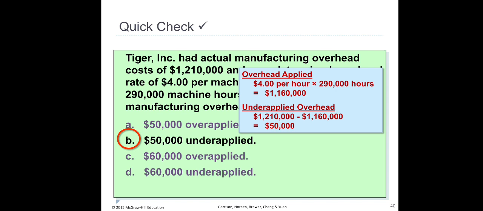Which one is higher, the applied overhead or the actual overhead? In this situation, the applied overhead is lower compared to the actual overhead. So the situation is called underapplied overhead, and the amount is 50,000. So you have to know how to calculate this.